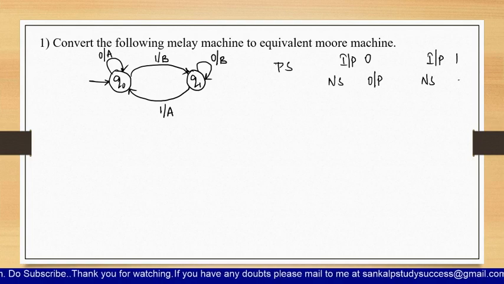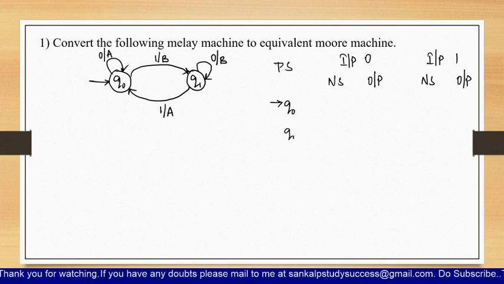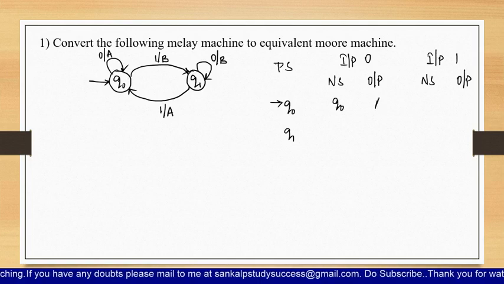Here our present states are only two, the initial state Q0 and Q1. By applying 0 to Q0, you go to Q0 only, but you get the output as A. Then by applying 1, it goes to Q1 and the output is B.